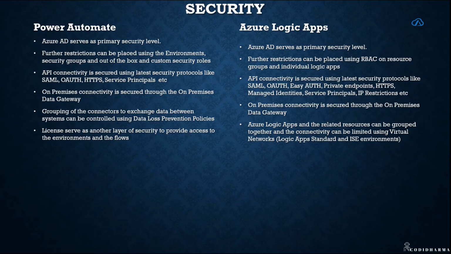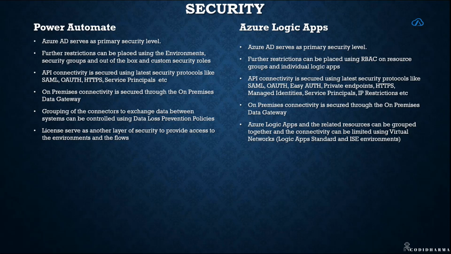Most of these connectors that you see have some sort of REST interface in the backend, which is hidden from us, and the API connectivity in this case is secured through protocols like SAML, OAuth, HTTPS, service principals, etc. Right? Then Power Automate has a capability of connecting with on-premises systems, and we can do it through the on-premises data gateway, which again is a secure feature.